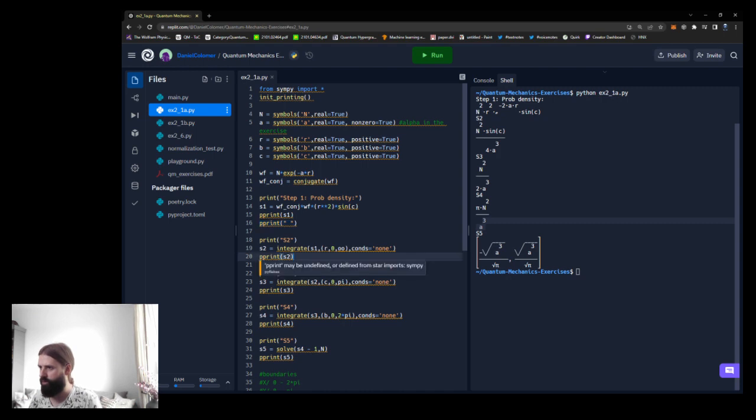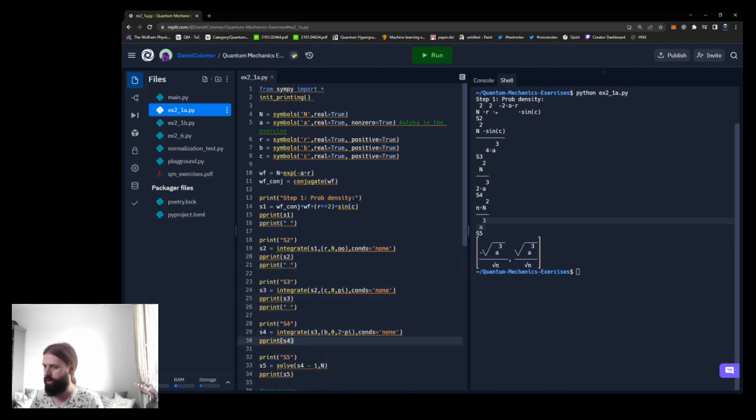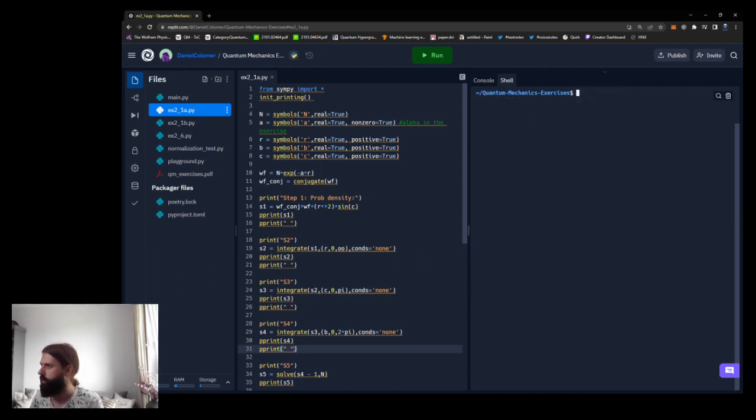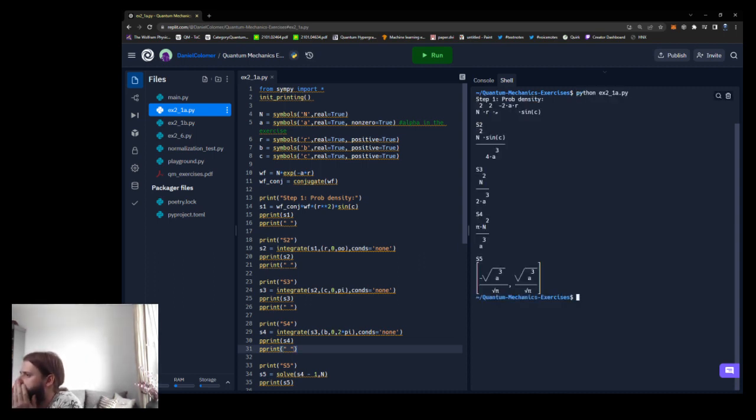Can I just do this to add an empty line everywhere? Yeah, but that's quite loopy. Anyway. And S4 adds the pi in here. How does this work though? I'm not so sure. Yeah, it's fine. That's more about the specifics of the integral, but it's fine.